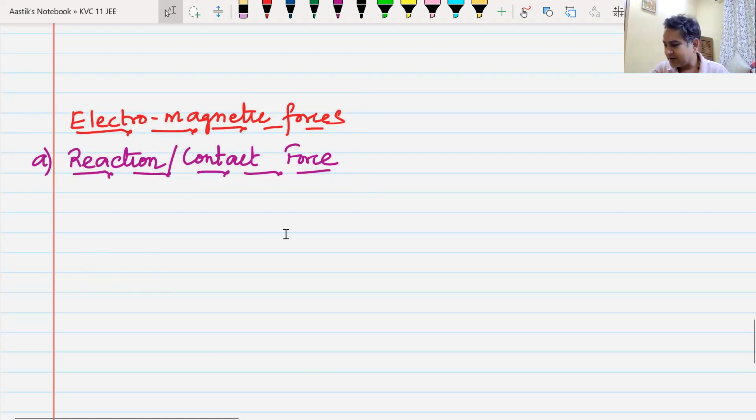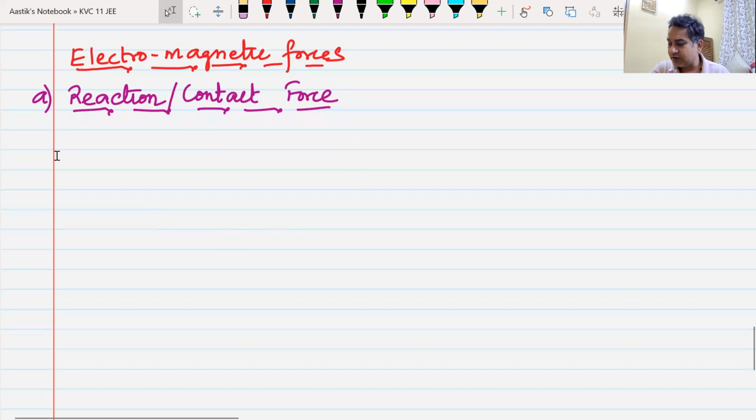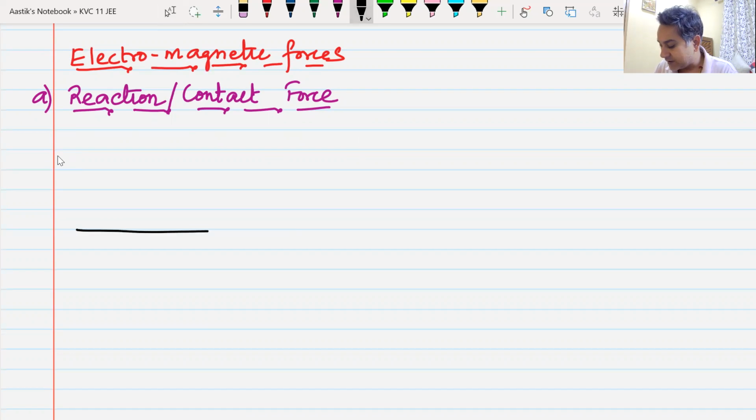Now, this word reaction force might be a bit confusing, so we may better call it the contact force. Now, what is this contact force? Whenever two bodies are kept in contact, for example, this is the floor or ground, and this is a body kept on the floor, and let us assume that this body is moving with a velocity v.